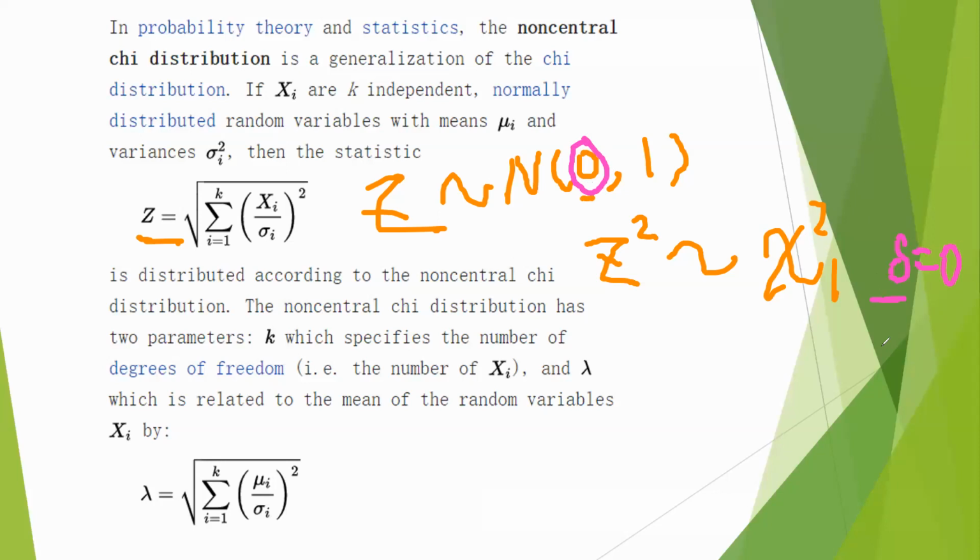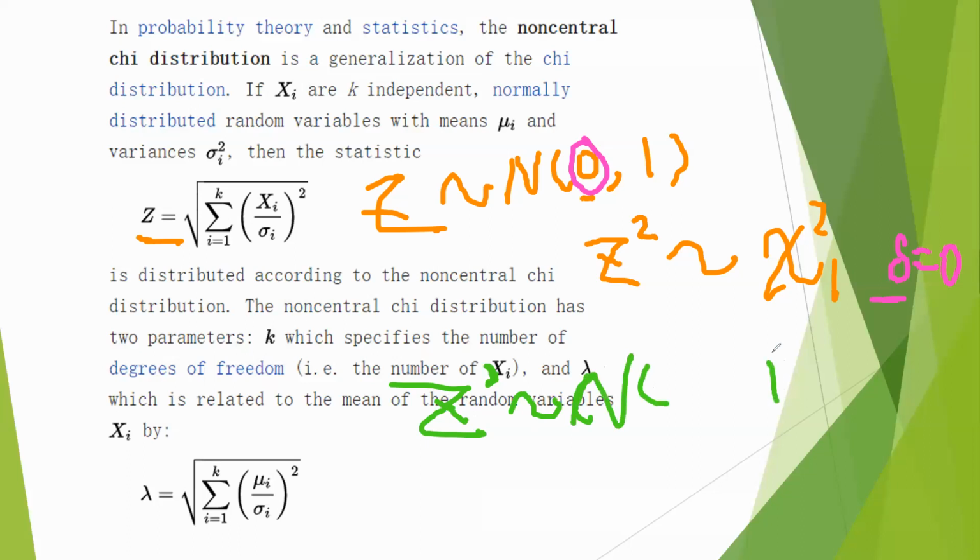The non-centrality parameters for chi-square distribution. So this is the relationship, all right? Now it is very straightforward for us to understand. If we have a z prime, which is also normally distributed, however, this normal distribution is not a standard normal distribution.